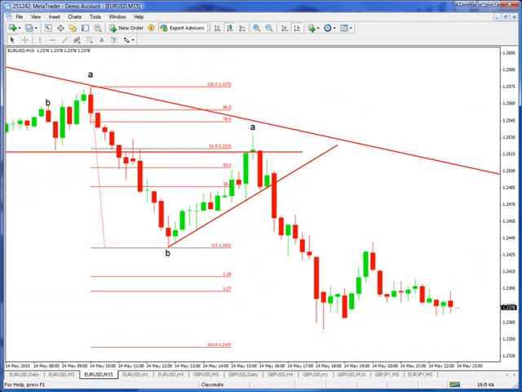You could have taken a stop right here at the 61.8, because what we've got is an area here, whereas if you'd moved just a little bit higher above the trend line, this would have been a very nice stop area. This would be the safe bet, because this is your A high, and if it was going to take out this A high, then you've got a potential reversal.